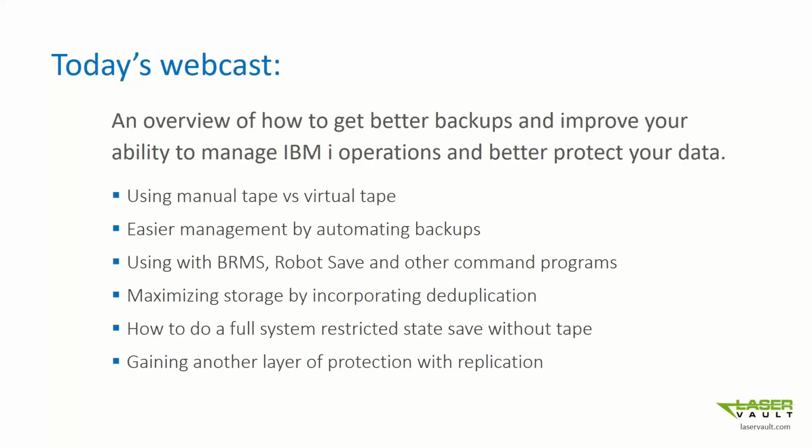Maximize your storage by incorporating data deduplication. How to do a full system restricted state save without tape, which you'll find is done exactly like tape, so that's a great thing. And we're going to gain another layer of protection with replicating backups, where you're able to keep 2 or more copies of your backups compared to tape, where you probably only have 1 copy.